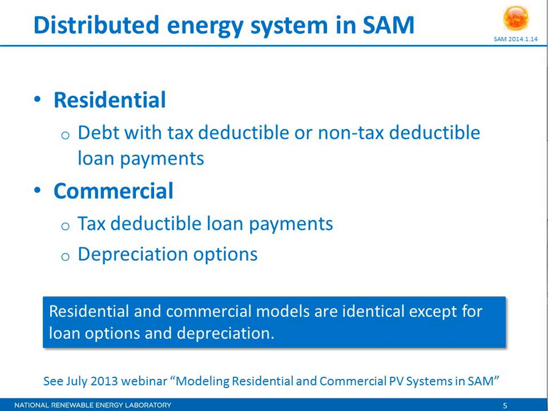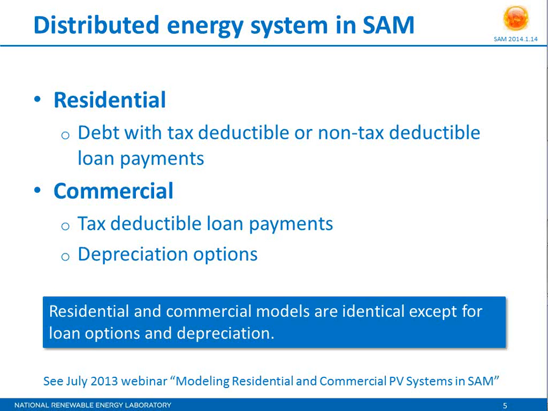In SAM, we use one of two financial model options to model a distributed energy system: the residential financial model and the commercial financial model. And in this context, think of residential and commercial in the same way that a real estate agent would. So a residential building, a house, or a commercial building or facility.